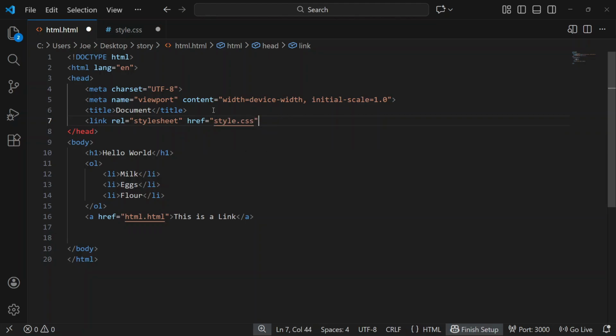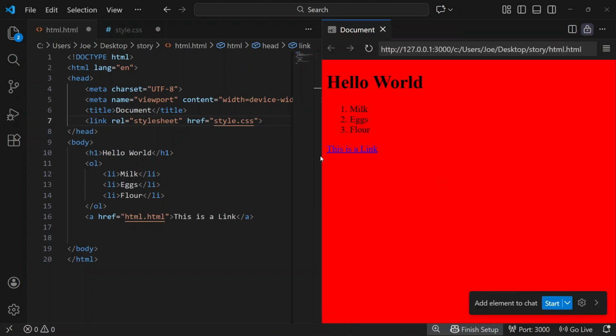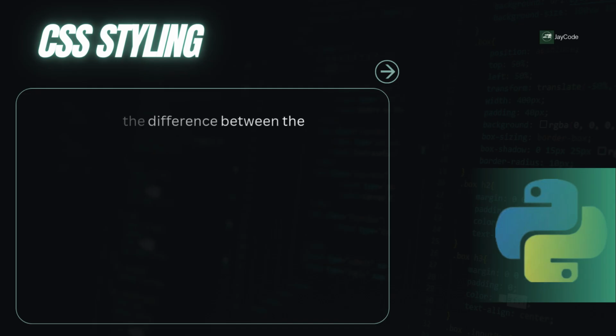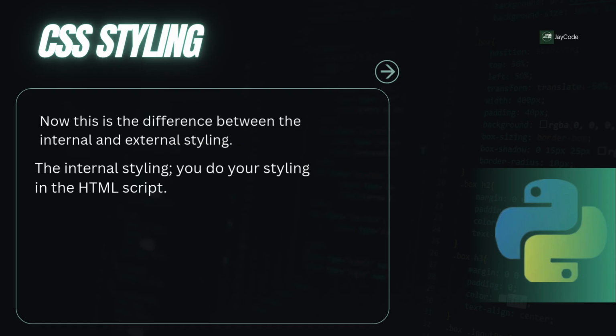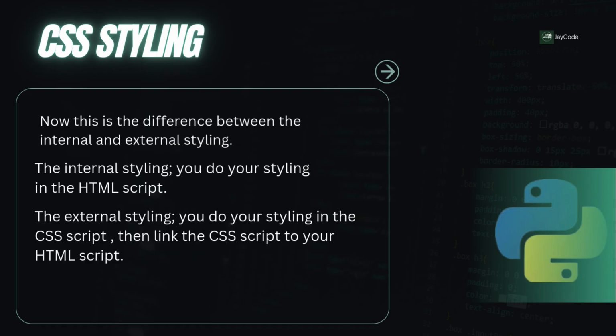Then we close our angle bracket, and now let's check our script once more. As you can see, the background is red. Now this is the difference between internal and external styling. With internal styling, you do your styling in the HTML script, while with external styling, you do your styling in the CSS script and then link the CSS script to your HTML script.